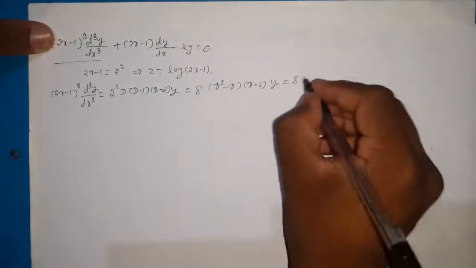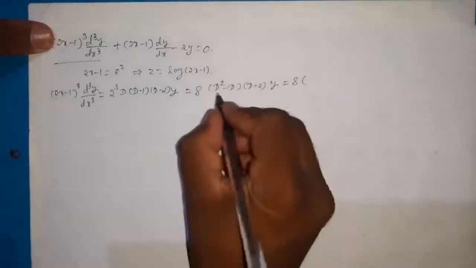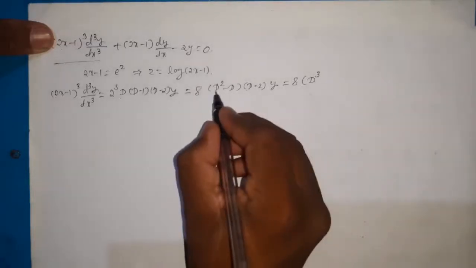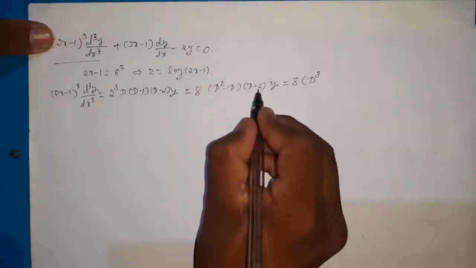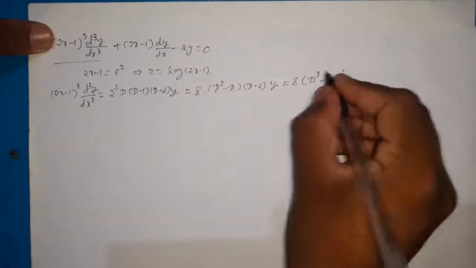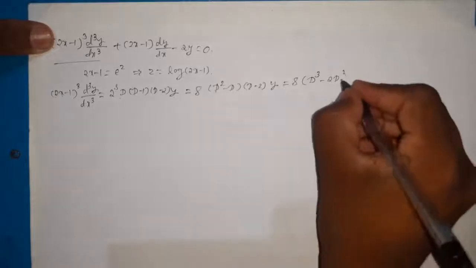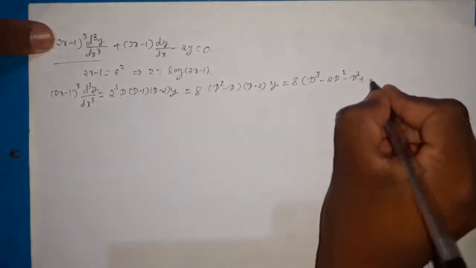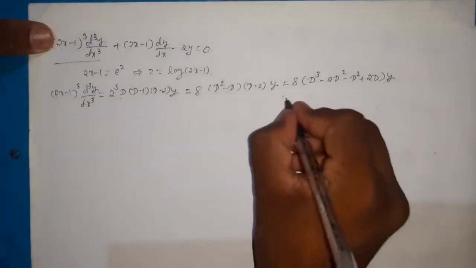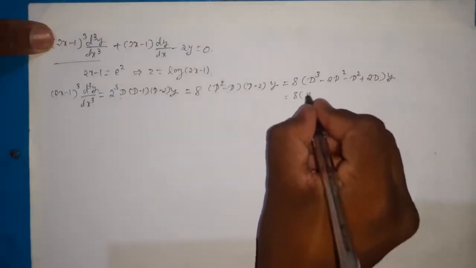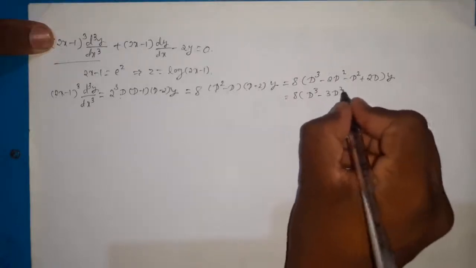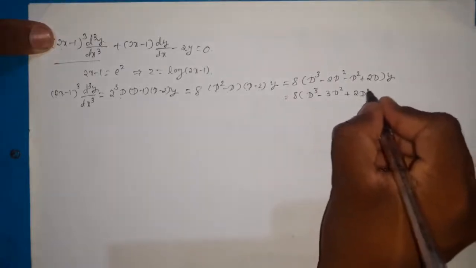Then multiplying these two, we will get D square into D, that is D cube, then D square into minus 2, that is minus 2 D square, minus D into D, minus D square, plus 2D, into y, which is equal to 8 into (D cube minus 3D square plus 2D) y.